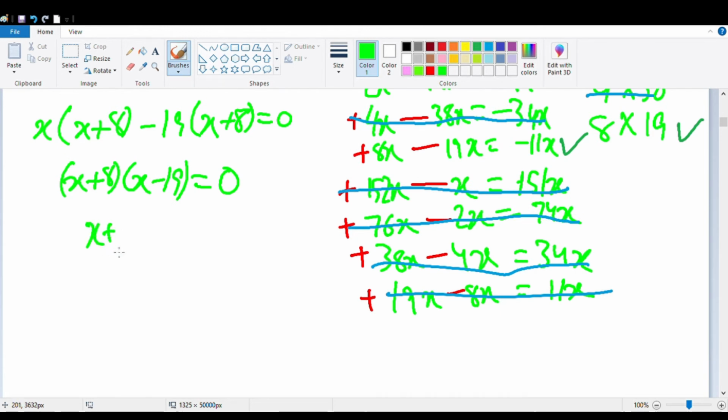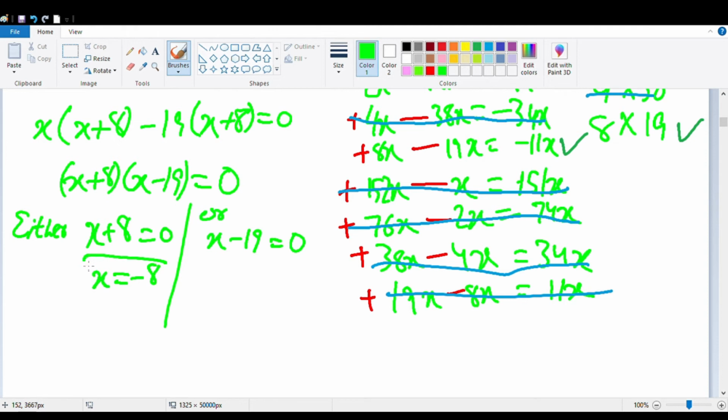Either x plus 8 is equal to 0 or x minus 19 is equal to 0. So x is equal to negative 8 and here x is equal to 19.